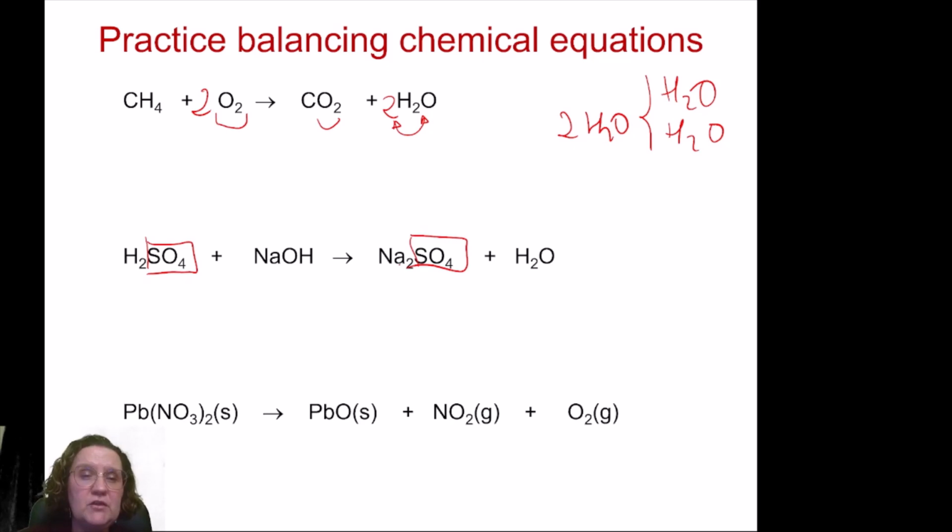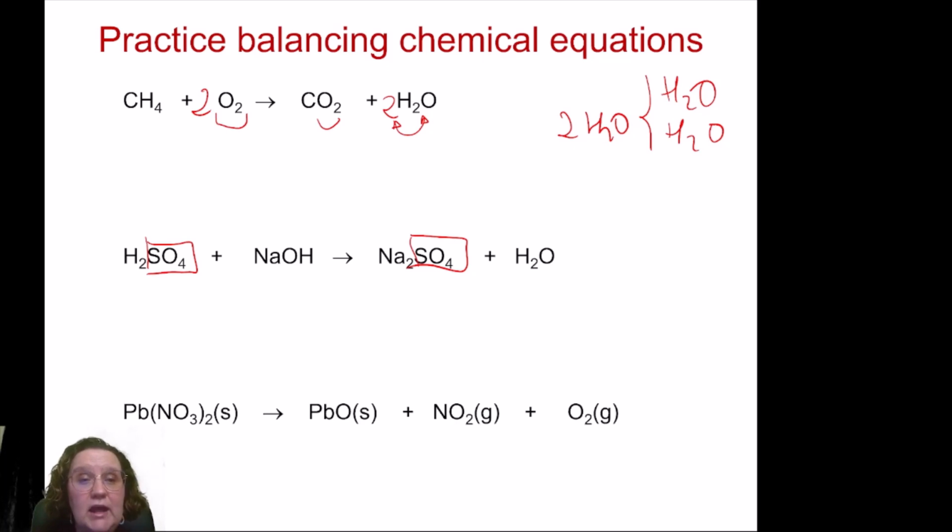I'm going to use them as if they were a unit, and that unit is the anion sulfate. So I've got 1 unit of SO4 on the left and 1 on the right. You could have done them separately, the sulfur, the S first, and then the oxygen. I just chose to do them together. You could do it separately if you prefer, if it feels confusing for you.